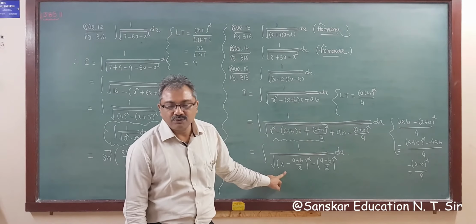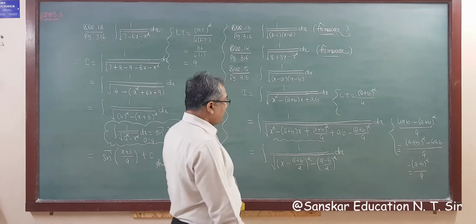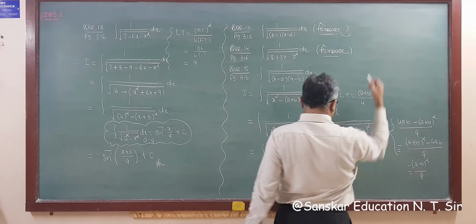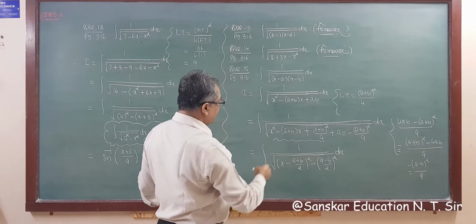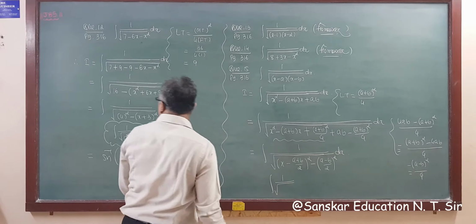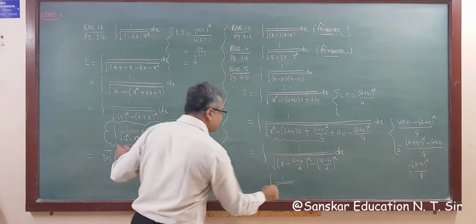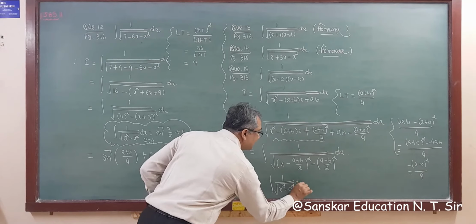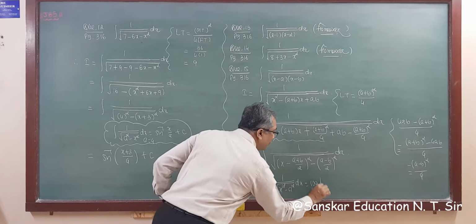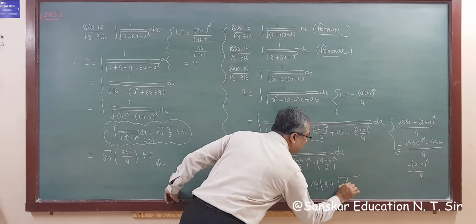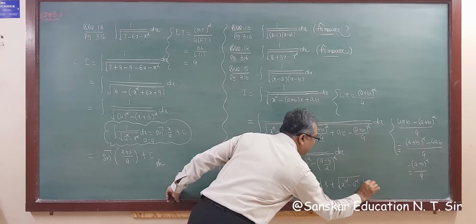So this is the formula of 1 upon root x square minus a square, and I am writing the formula here, and the answer will be there, right? So integration 1 upon root x square minus a square dx is log mod x plus root x square minus a square plus c.